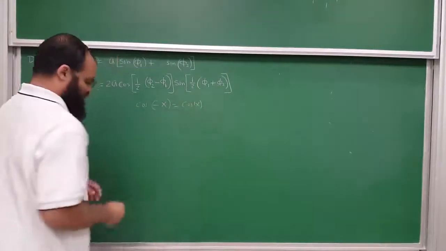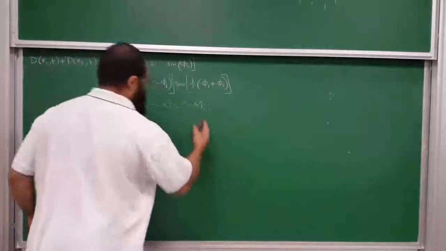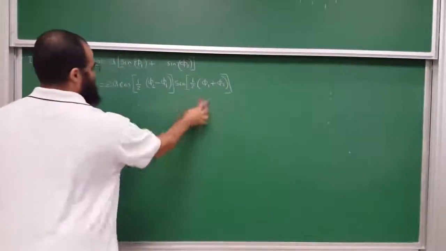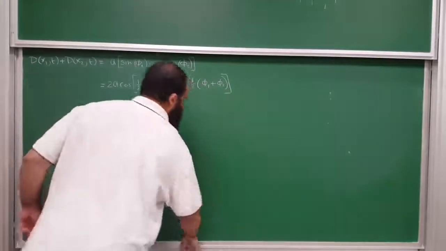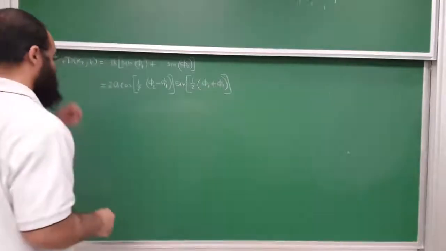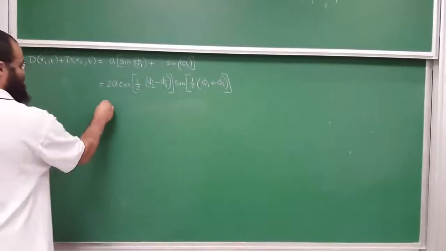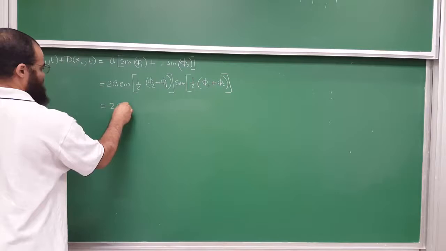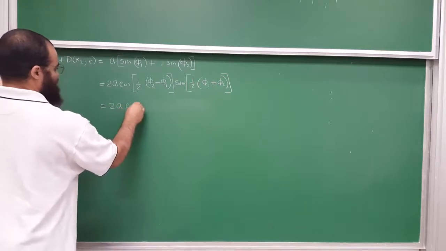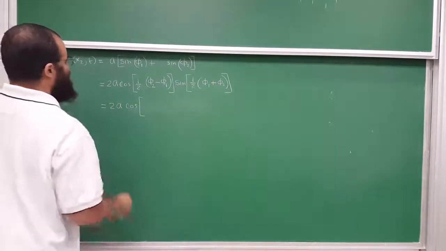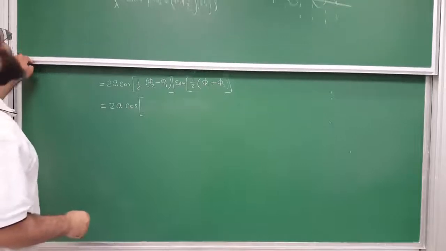The minus sign doesn't matter. The sine is an odd function, so it wouldn't work, but for the sine we have a positive quantity. So we have 2a times the cosine of 1/2 phi 1 minus phi 2.